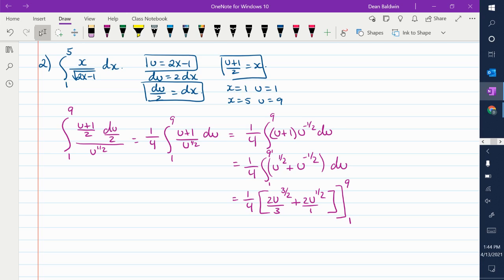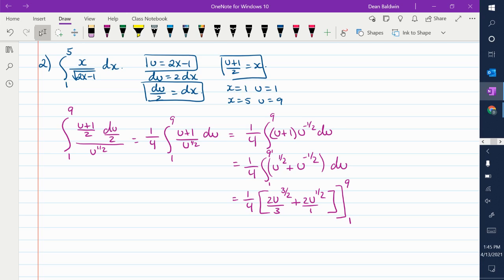Because u is equal to 2x minus 1, so move the 1 over, divide by 2, that's what x is. It's totally up to you how you want to do it. So I haven't evaluated it yet. I'm going to do that right now. Because I put in x is equal to 5 into here, because you're going to find what u is.